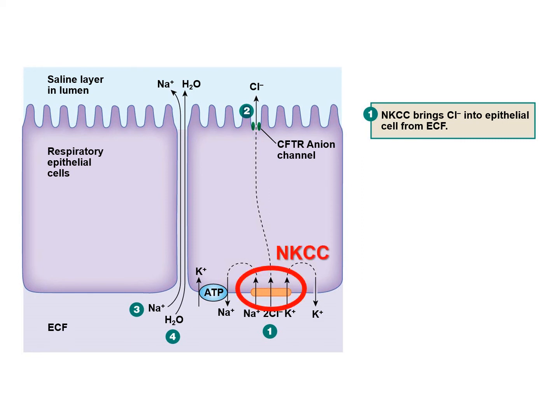And so this NKCC, which stands for sodium potassium chloride carrier, okay, just use NKCC for your own sake, forces chloride and potassium in by using the gradient of sodium to bring it in. And so we get chloride moving into this intracellular space. And by the way, it generates a relatively high gradient of chloride here relative to most cells.